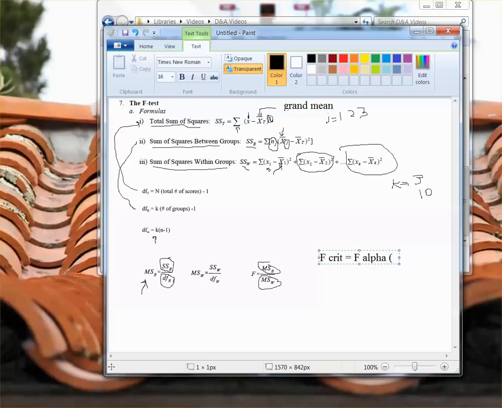Alpha, say like 0.05, and we're going to use 2 degrees of freedom. So if you look it up, you'll see that there are actually 2 degrees of freedom for the F table, and it's degrees of freedom between, comma, degrees of freedom within.